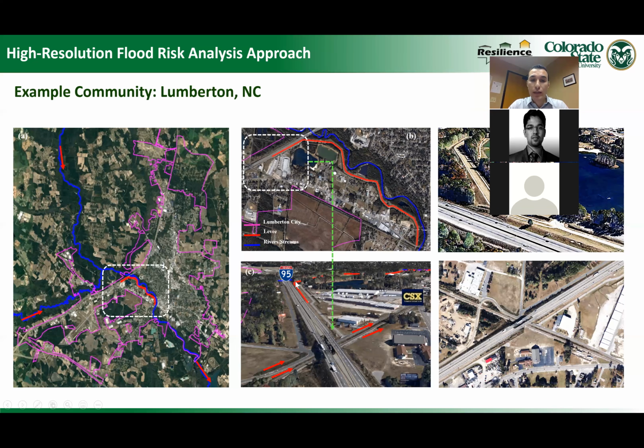So the levee in this location, and here there's an underpass between the I-95 highway and a railroad. This gap let the water go inside Lumberton for both Hurricane Florence and Hurricane Matthew, which we will show in just a few minutes in our simulations.